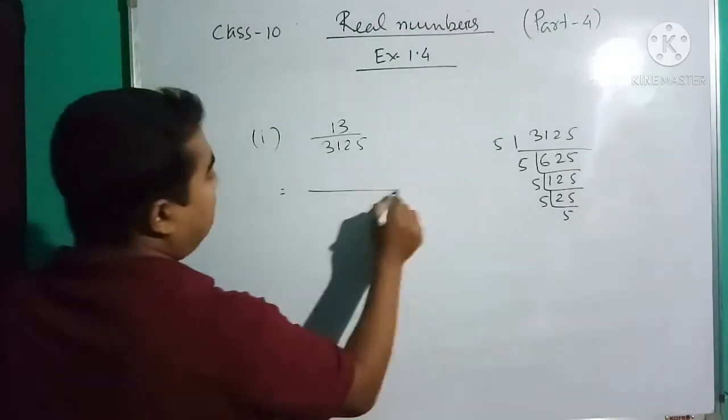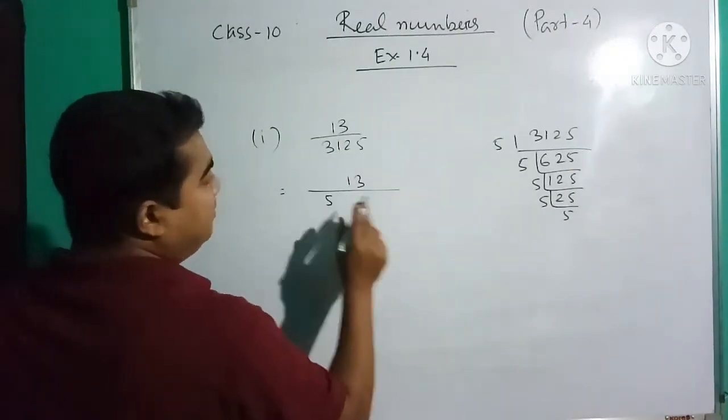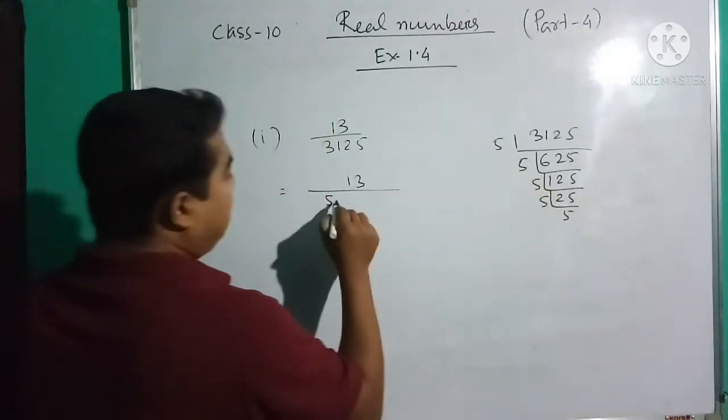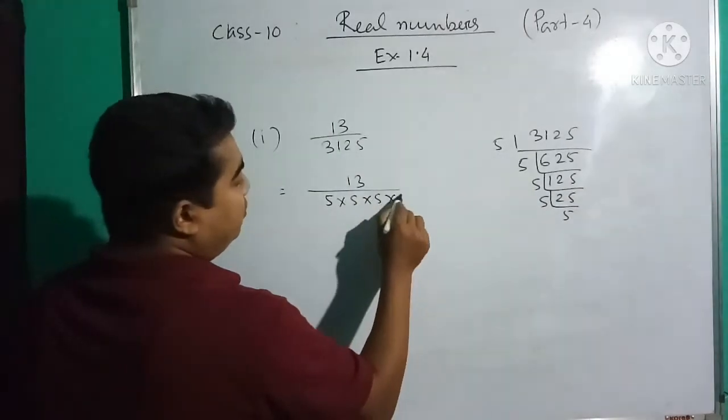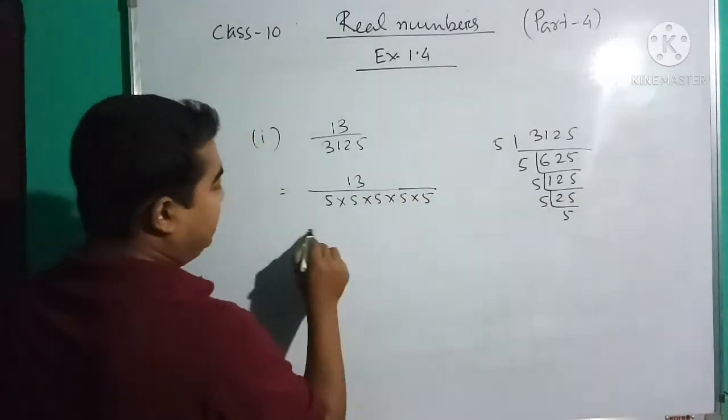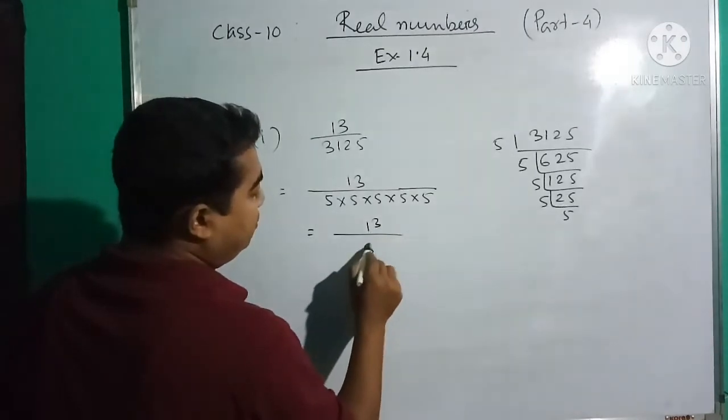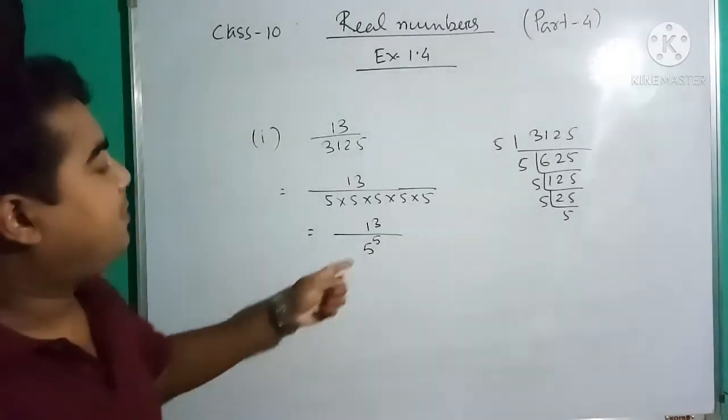See, 13 over 5 to the power 5, five times.